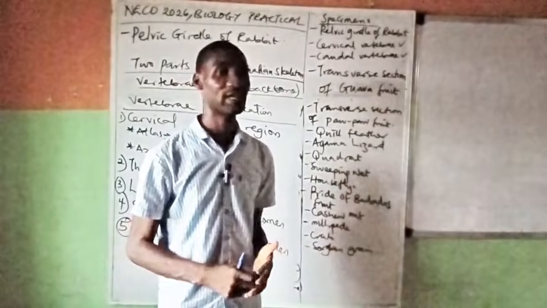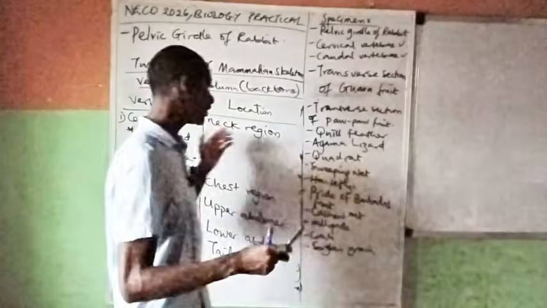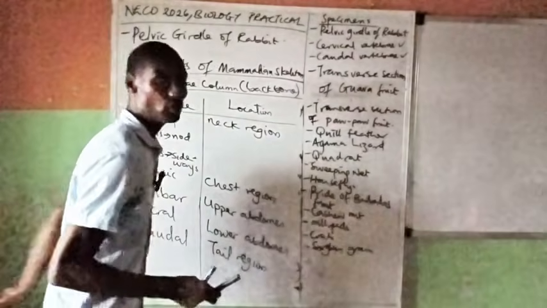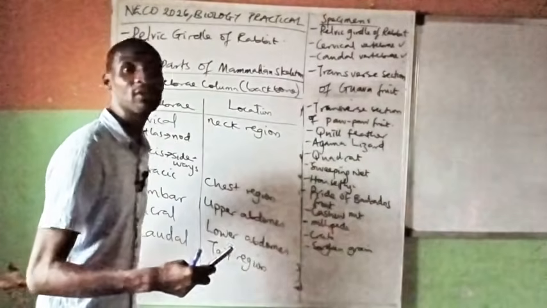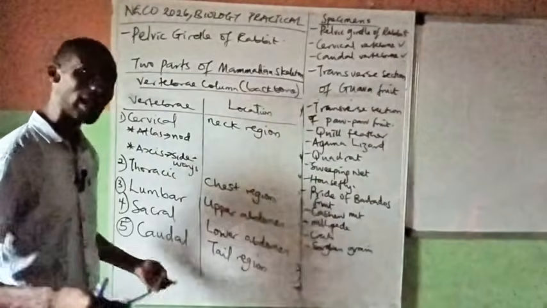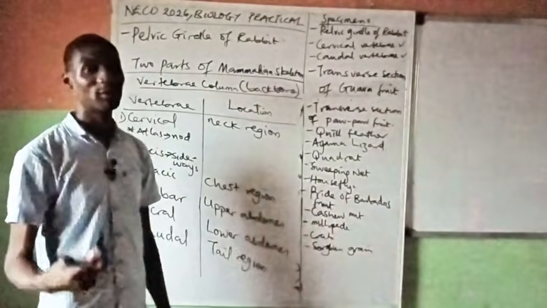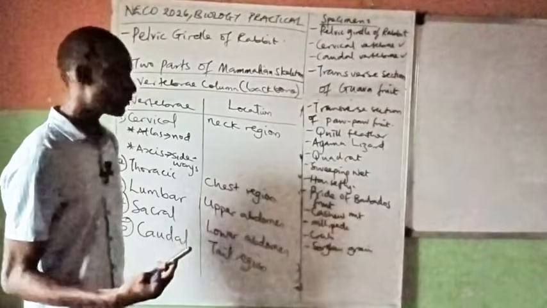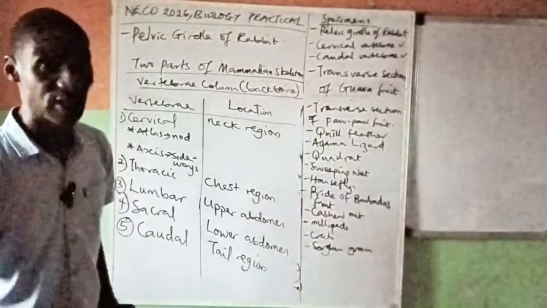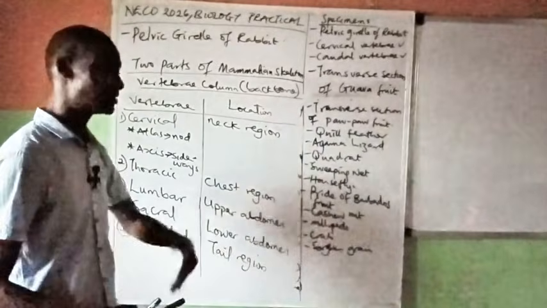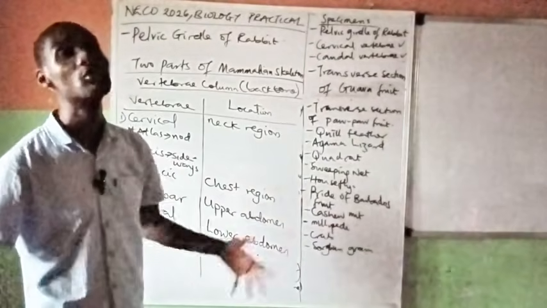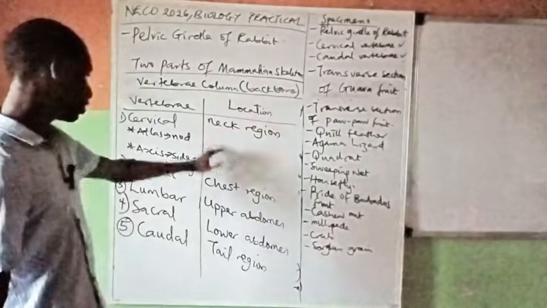The only difference is that the number for each of these bones may vary, because rabbits have a long tail, but for humans you can't see the tail, even though the caudal bones are found in humans, but it is not visible. So it is actually a vestigial organ. That's why you can't see it. Vestigial organs are reduced because they have not been in use over time.